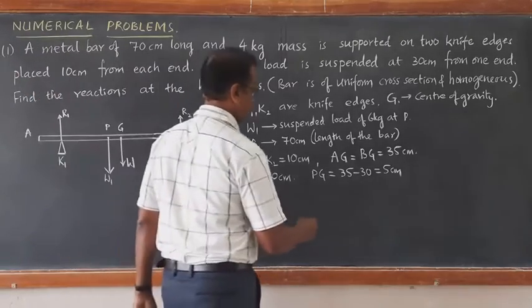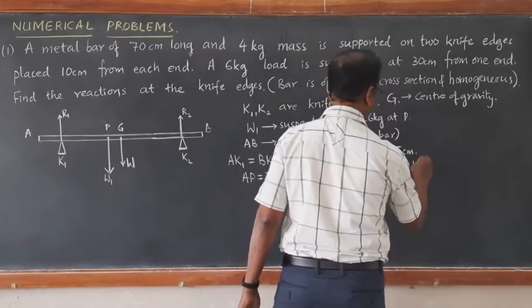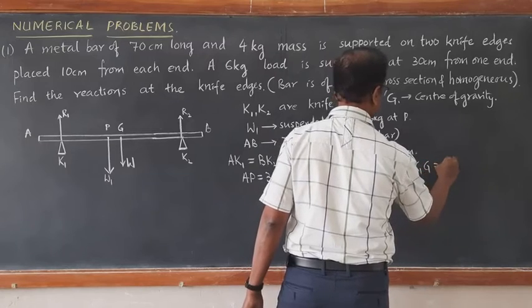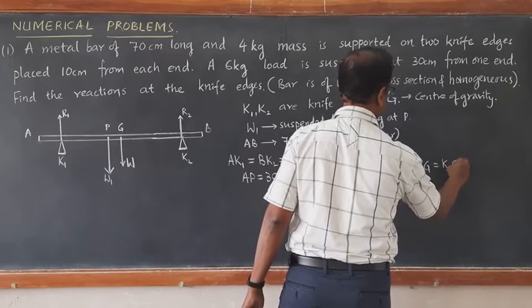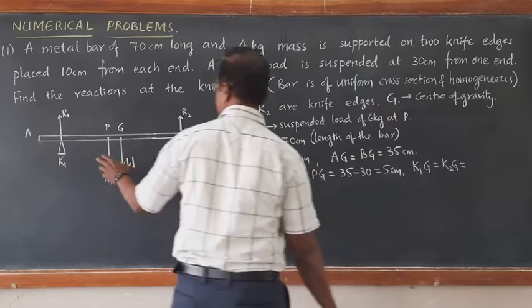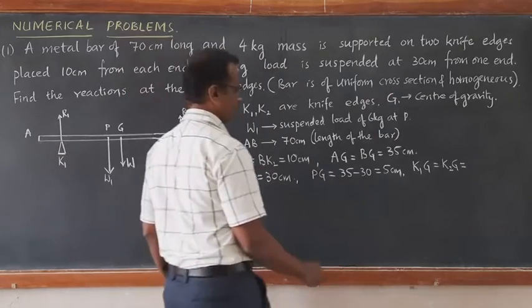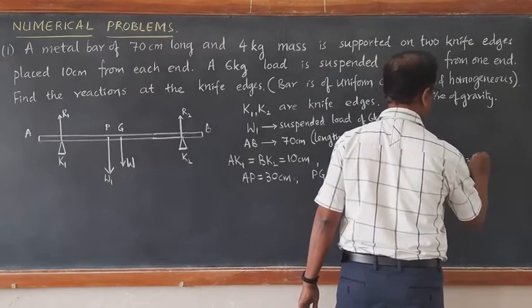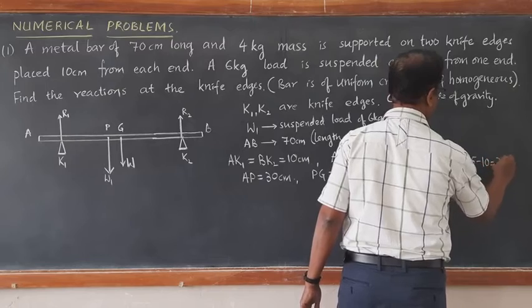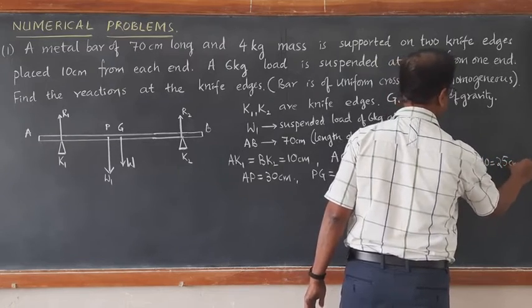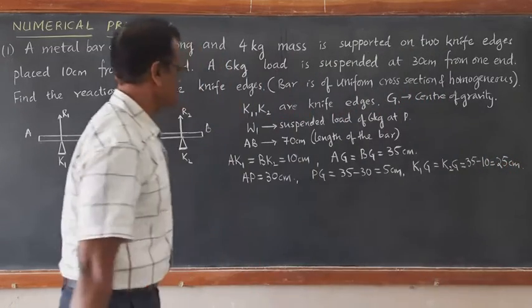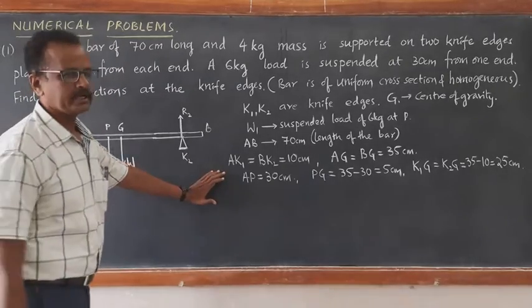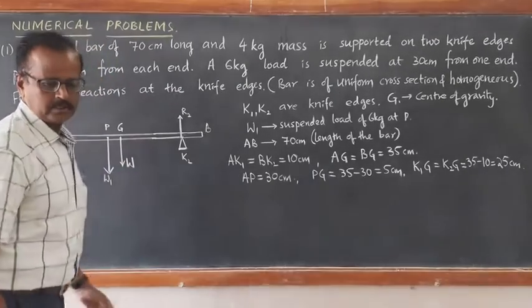I will write K1G equal to K2G equal to 35 minus 10, that is equal to 25 cm each. Okay, this is the data required for calculations.